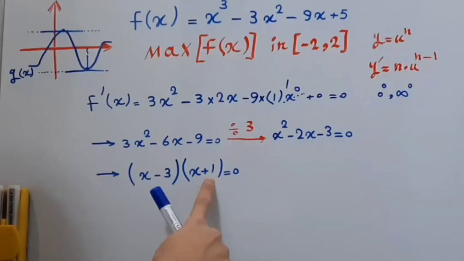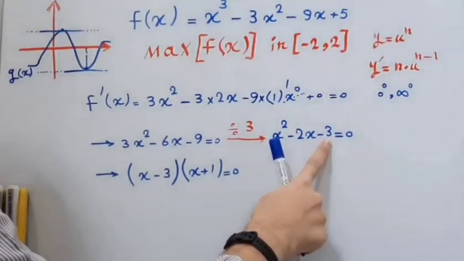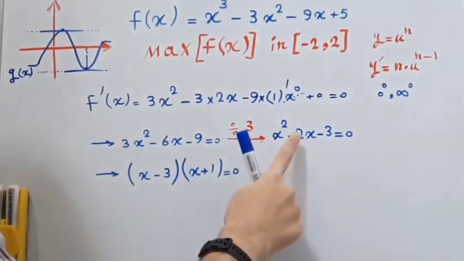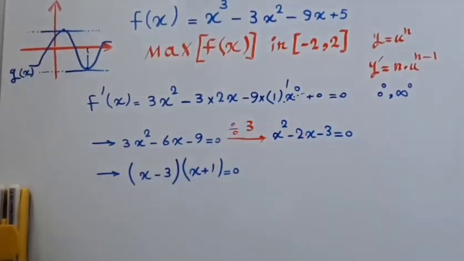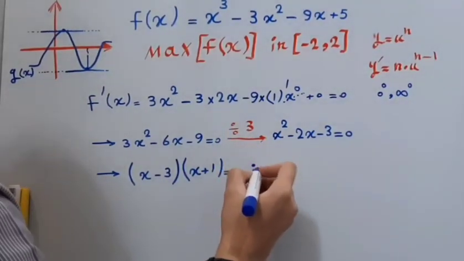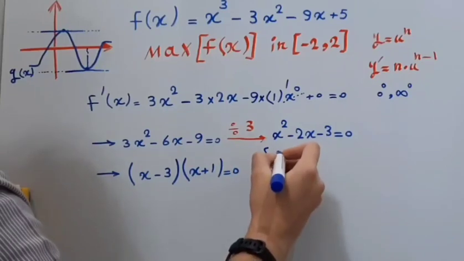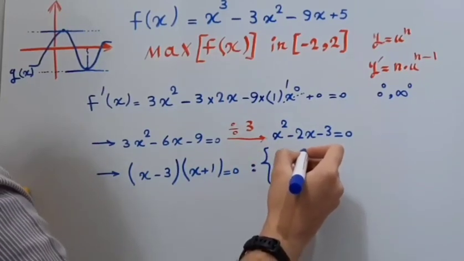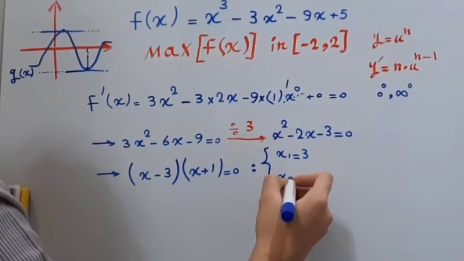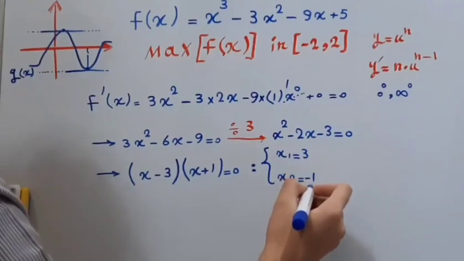Minus 3 multiplied by 1 is minus 3, yes, and the sum of them is minus 2. And if we do this, we will reach x1 equal to 3 and x2 equal to minus 1.